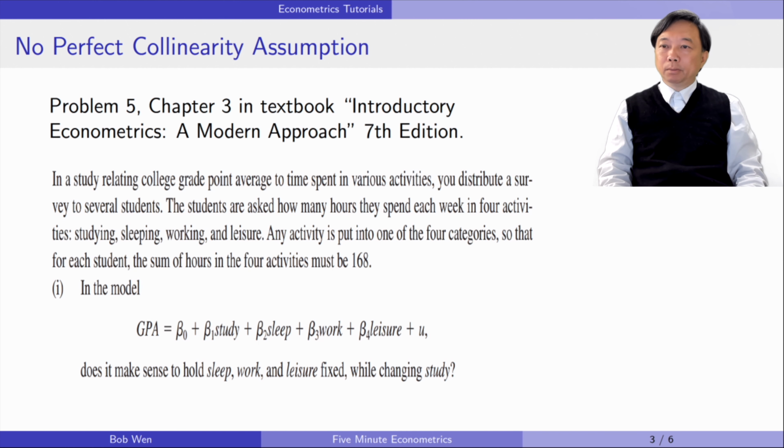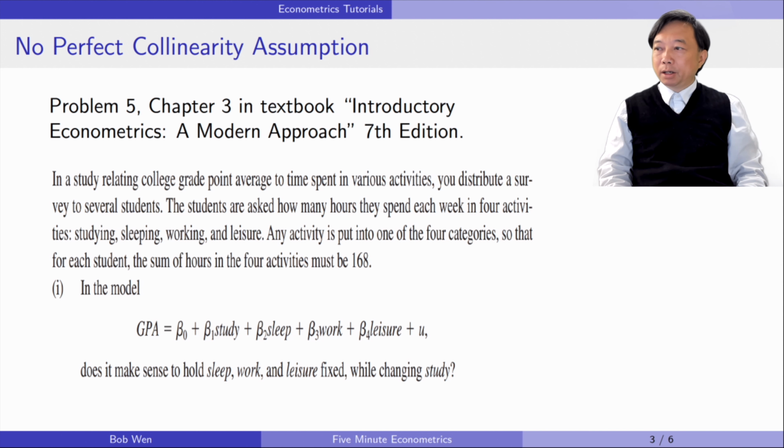Here's an example. The outcome variable, college GPA, is associated with 4 explanatory variables. The students are asked how many hours they spend each week in 4 activities: studying, sleeping, working, and leisure.